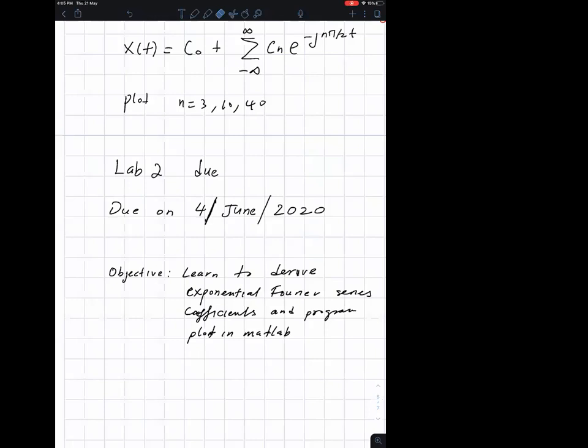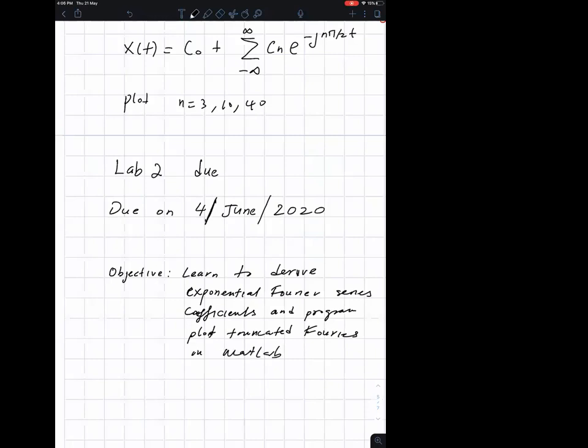Plot truncated Fourier series in MATLAB. Something like this.